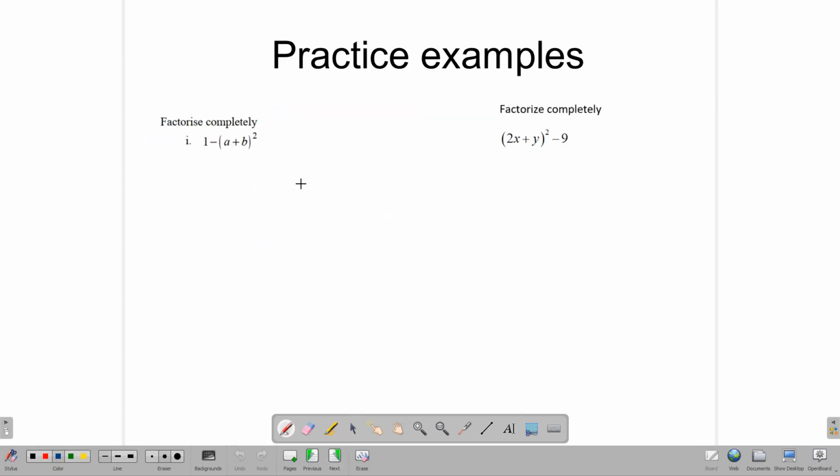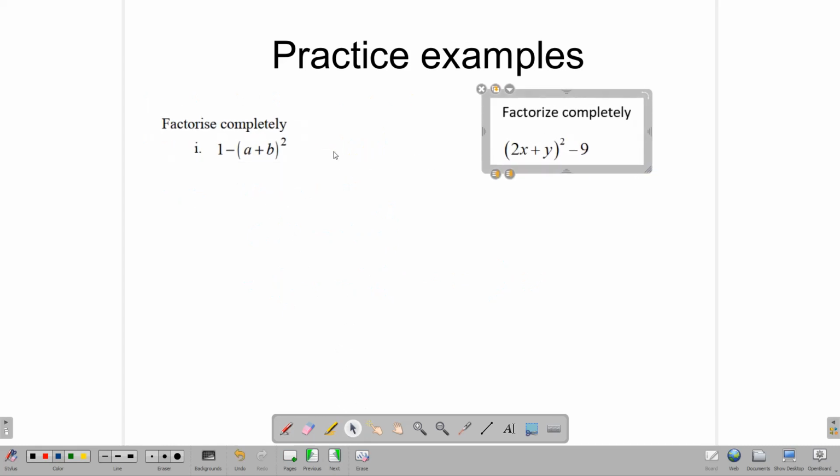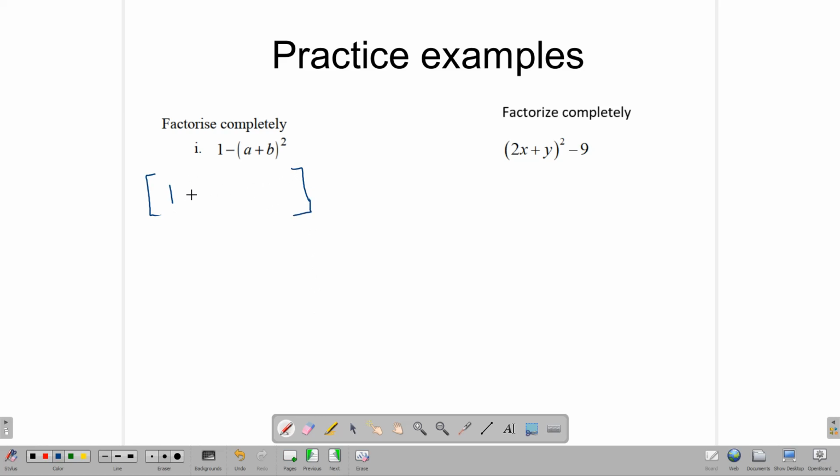Next, here are two other examples that look a little different. So first we look at this one, same idea. This is a square term, this is also a square term, and what we're going to do then is to take two brackets. Now, it's 1. So I'm using a different bracket here. You'll see why in a moment.